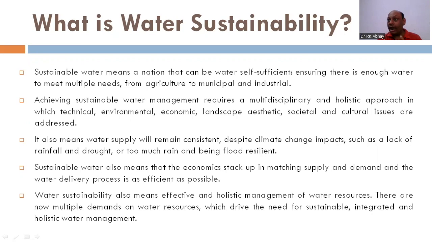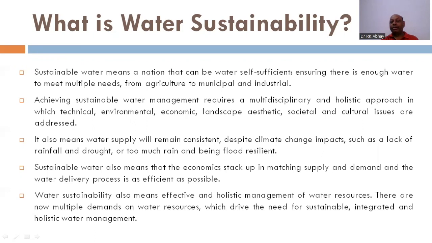And obviously, you have to keep in mind intergenerational and intragenerational equity: water should not be available only for the present generation, but also for future generations. If you have maintained that, you can say that you have self-sufficiency in water resources. Achieving sustainable water management requires not a single disciplinary activity.